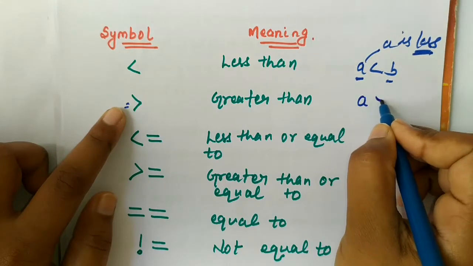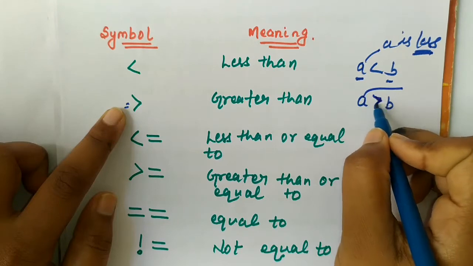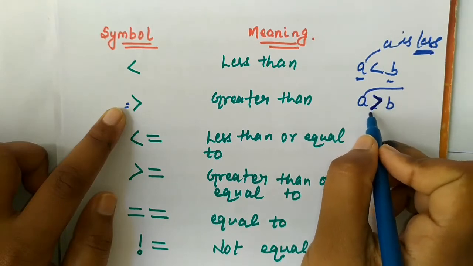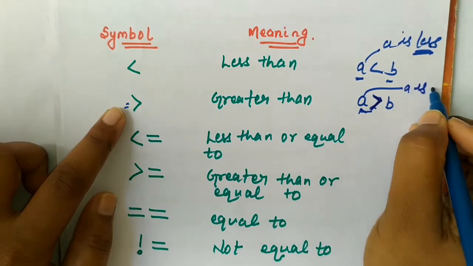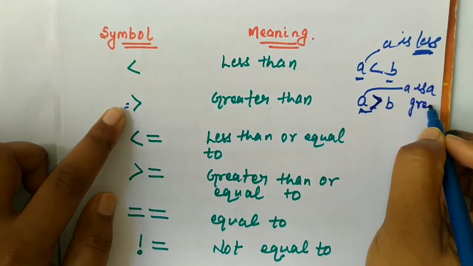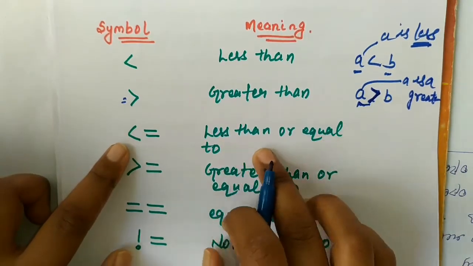If I write A greater than B, that means A is greater. Next, less than or equal to.